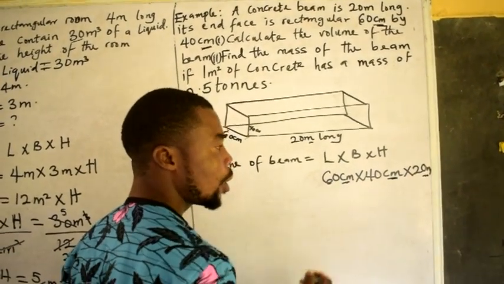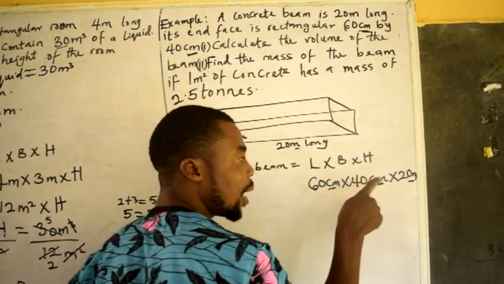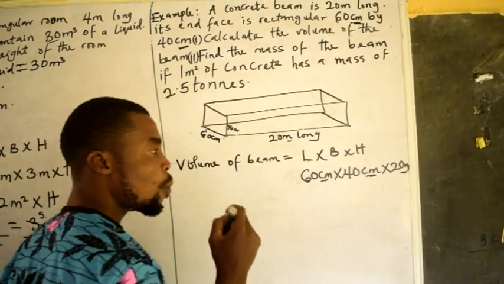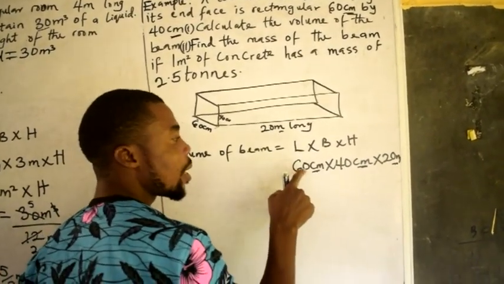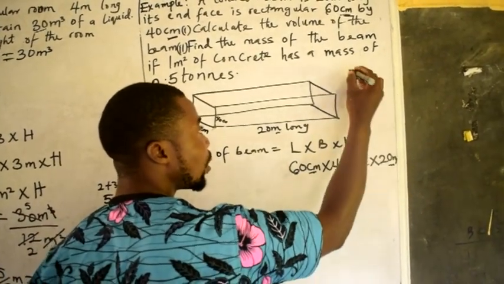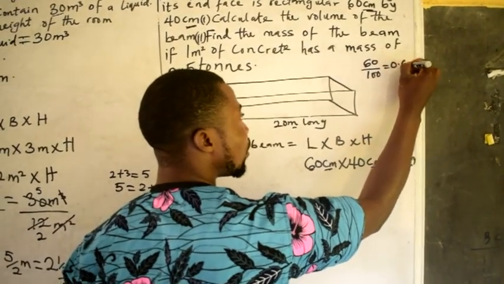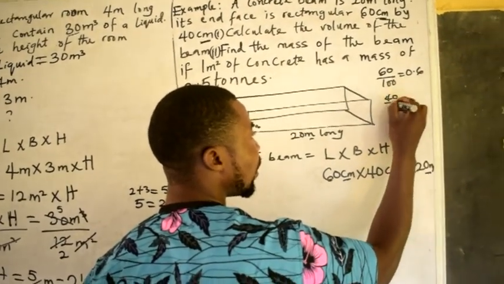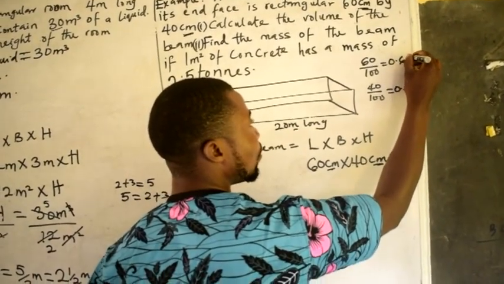It means you convert centimeter to meter, since 100 centimeters make 1 meter. So 60 centimeters is 60 divided by 100, which is 0.6 meter, and 40 centimeters is 0.4 meter.